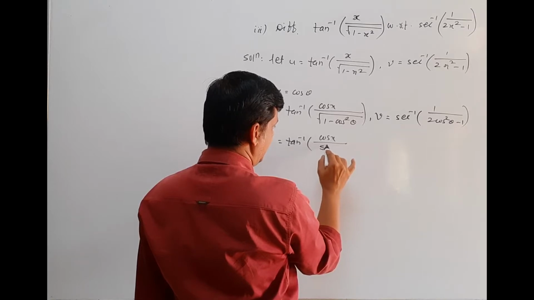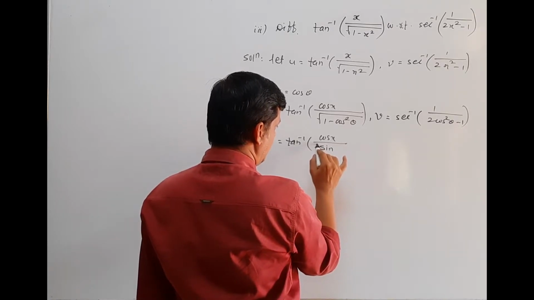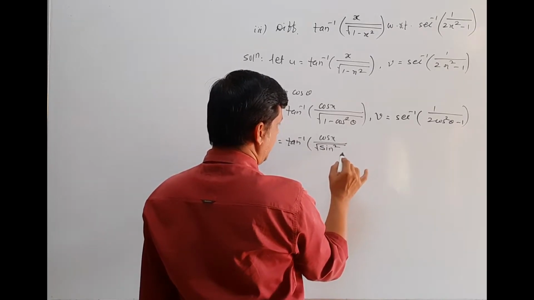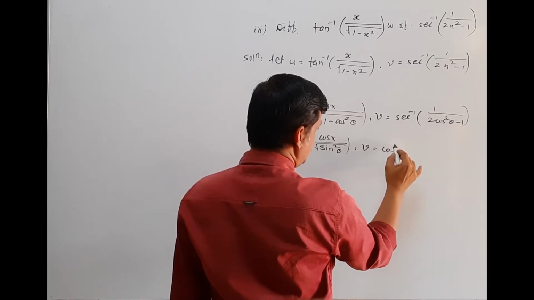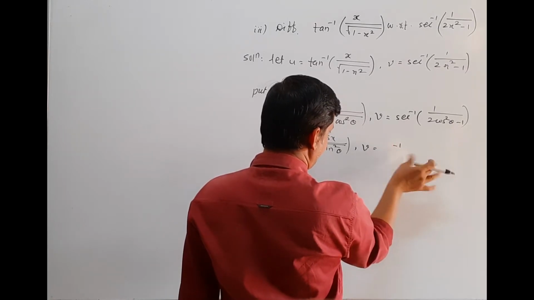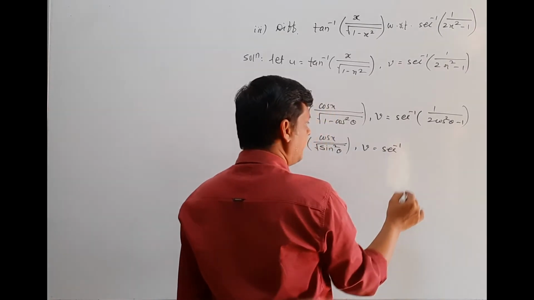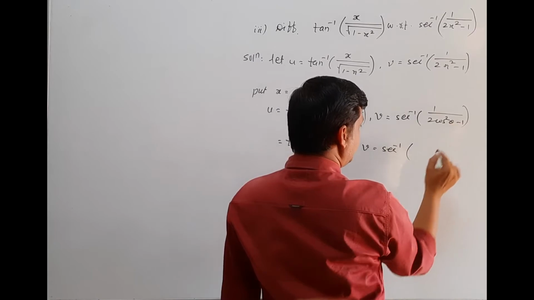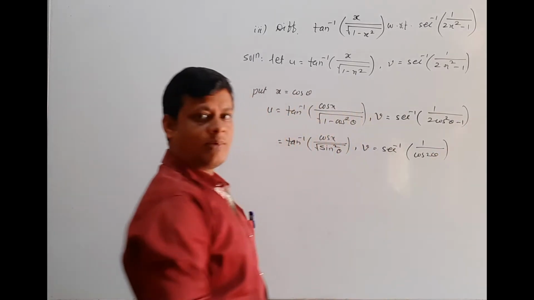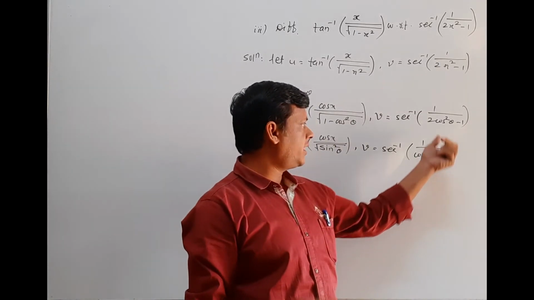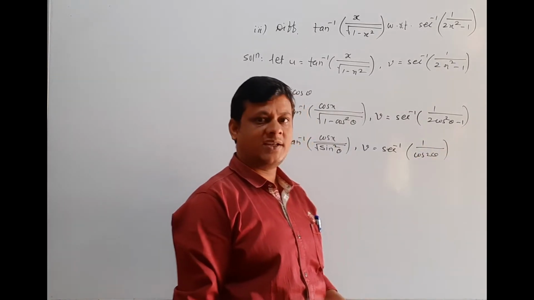We write directly sin theta, or you can add one more step: root sin square theta. For v, 2 cos square theta minus 1 we write as cos 2 theta, by using the double angle formula, we know that cos 2 theta equals 2 cos square theta minus 1.